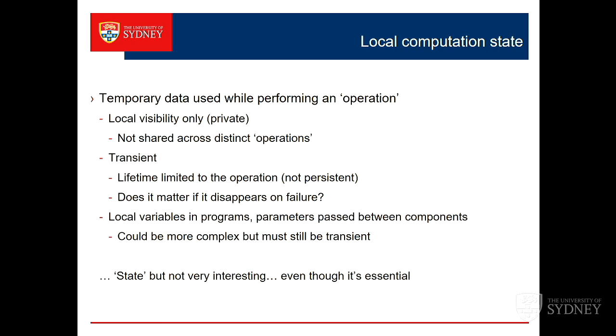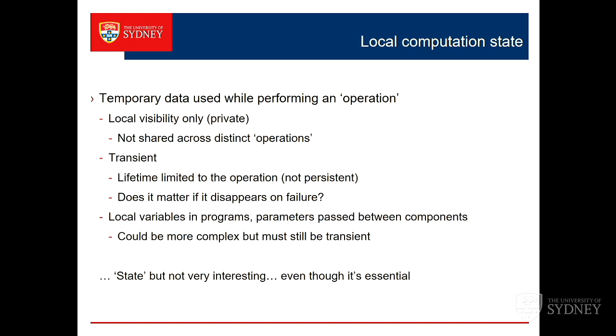If I've got multiple different operations running in an application, those variables may not be visible from one operation to another. It's transient. It has no lifetime worth talking about. It comes into being when the operation starts, and it disappears when the operation finishes.